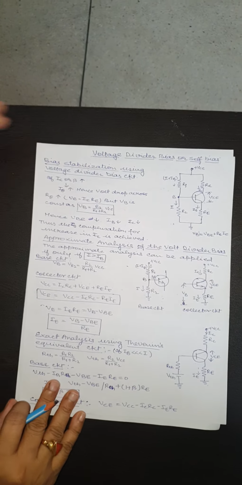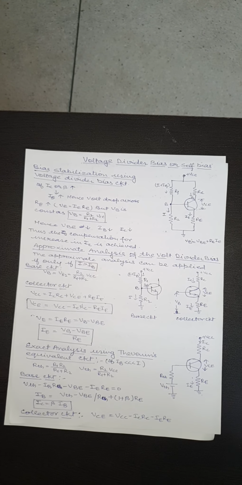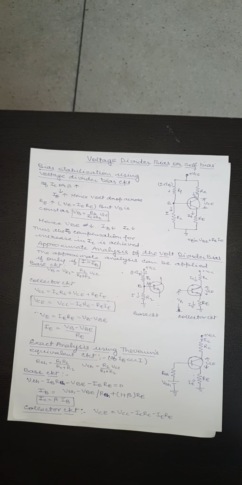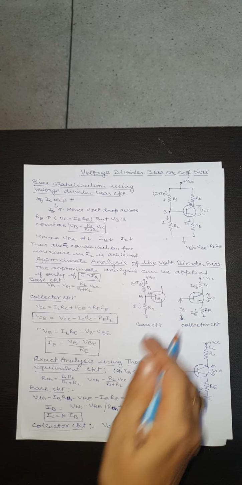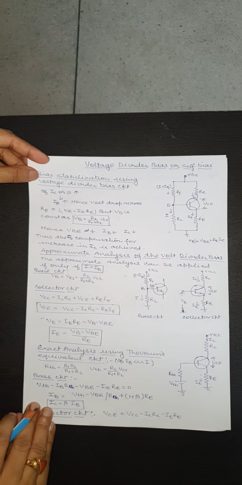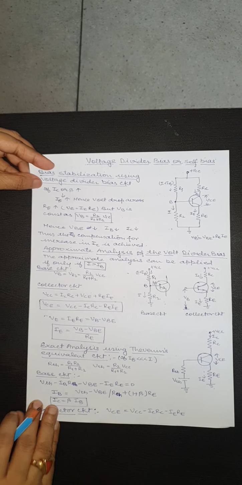Next is voltage divider biasing circuit. The circuit diagram of voltage divider biasing circuit is given in this figure, and bias stabilization using voltage divider biasing circuit is as follows.